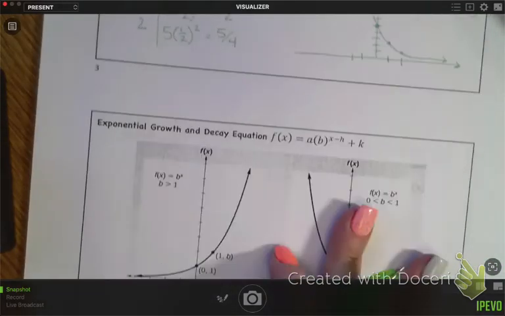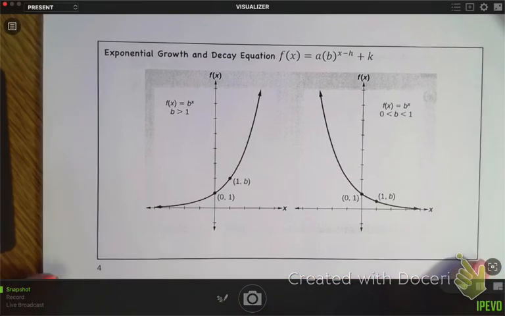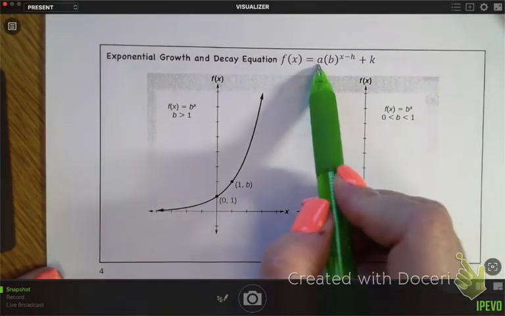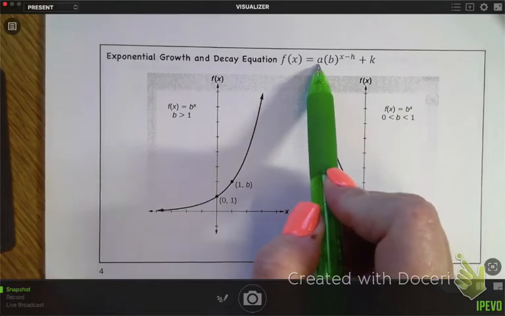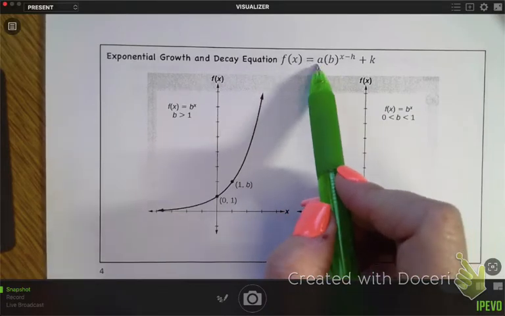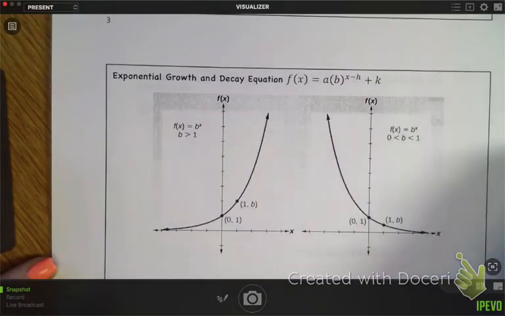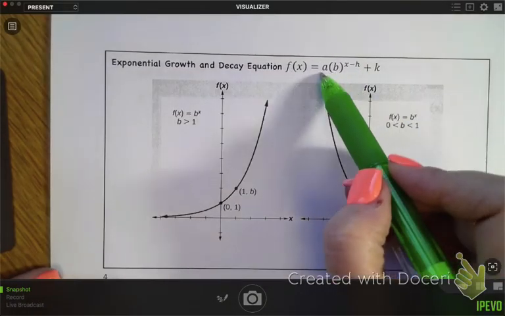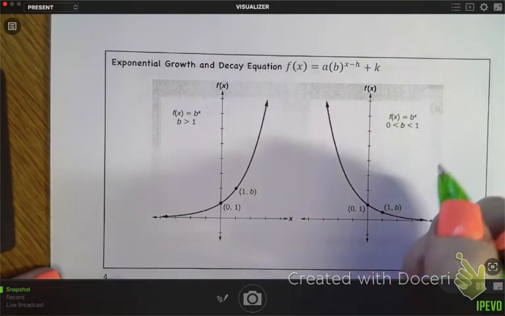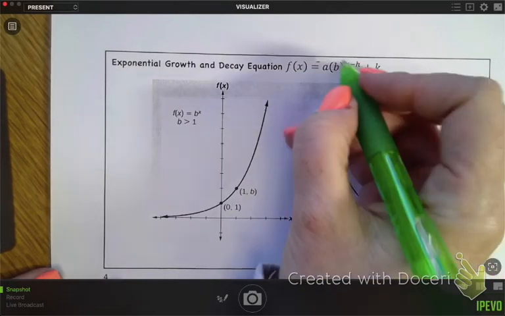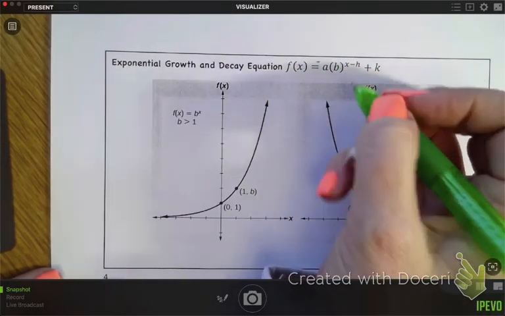So here's our parent function. This is what we have. It should be very similar to what we've had before. A is making it wider or smaller. Now we do have the combination though, narrower or wider. The B and the A will both affect that. So you just have to be aware of that a little bit. If I had a negative out here, I would reflect over the x-axis.